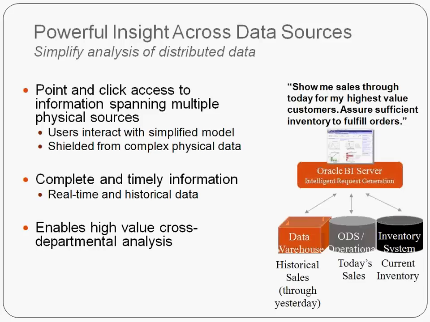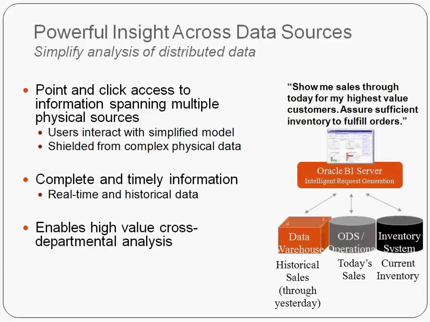So a business user could take this example, like show me the sales for today for the highest valued customer and ensure the inventory is there. Getting this information from all these systems avoids silos and lets business executives or managers decide whether they are serving the right kind of customers first based on the requirements.